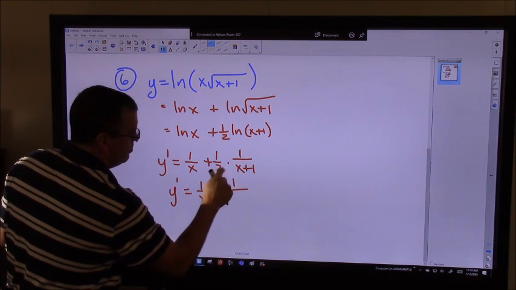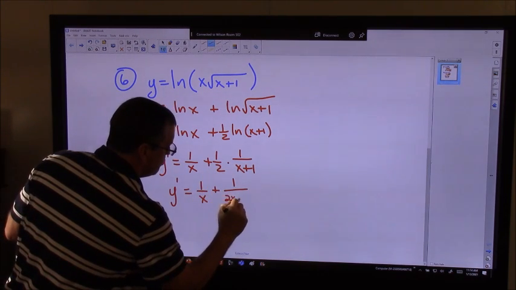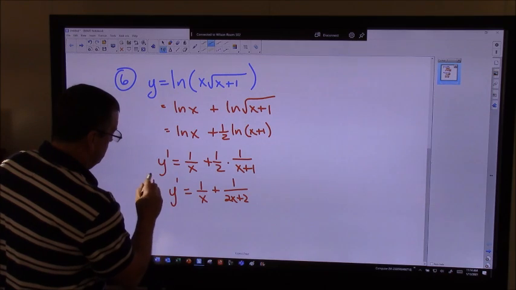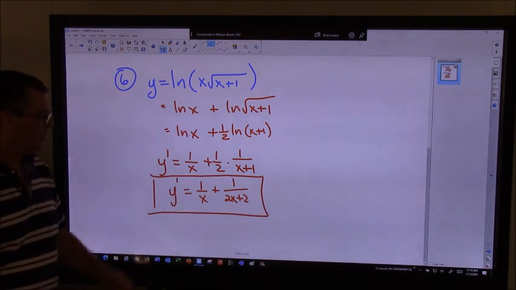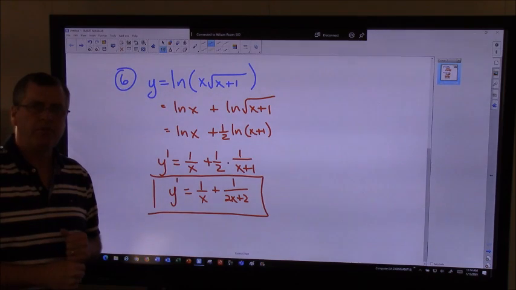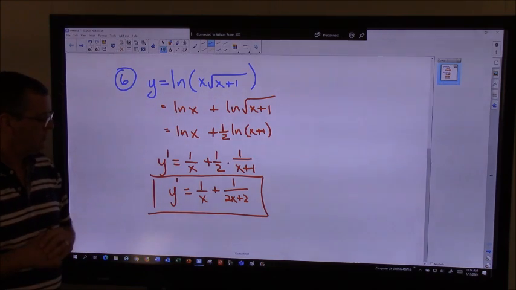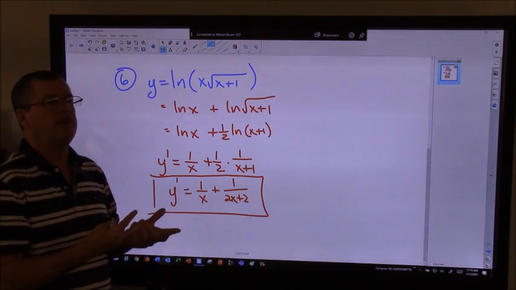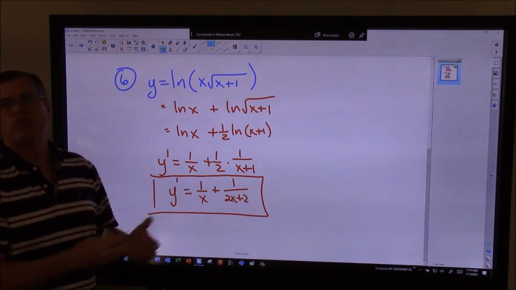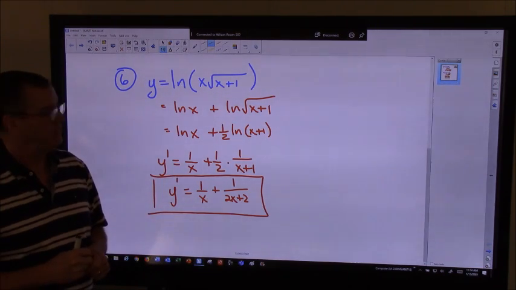Denominators, I've got to distribute that 2, so I get 2x plus 2. There's my answer. And again, if you want to get a common denominator and add those together, you could do that. Sometimes I think it's good to just do that every now and then, just to make sure you don't forget how. All right?